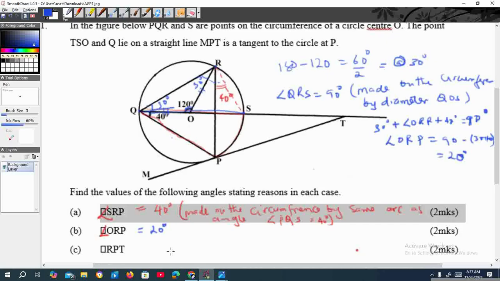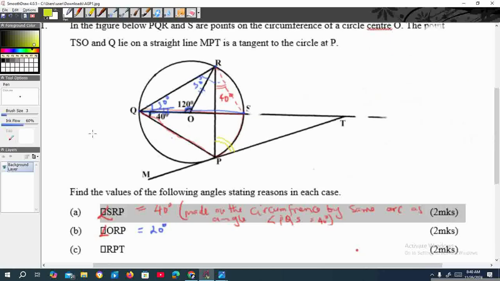The next angle is angle RPT. This angle here. This angle we're looking for now. So if we draw this circle without these so many other parts, I want to isolate a few parts.